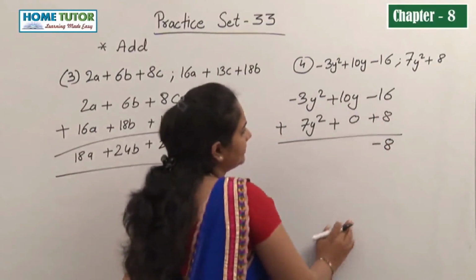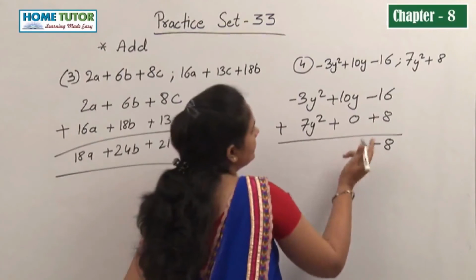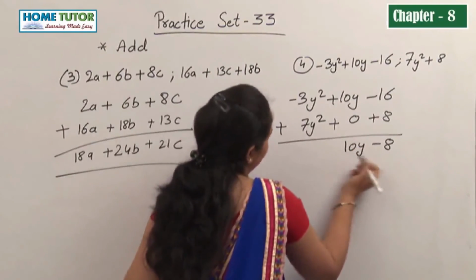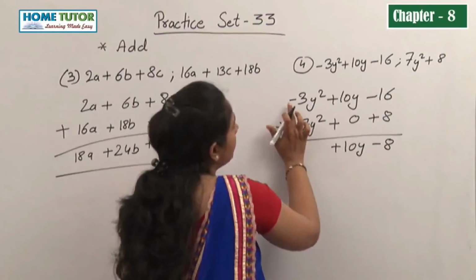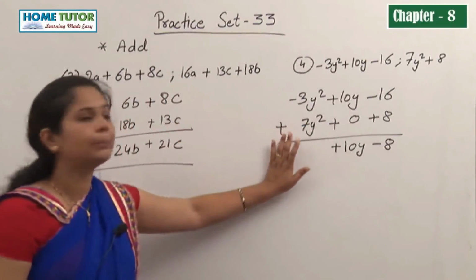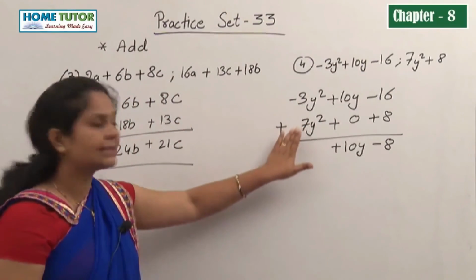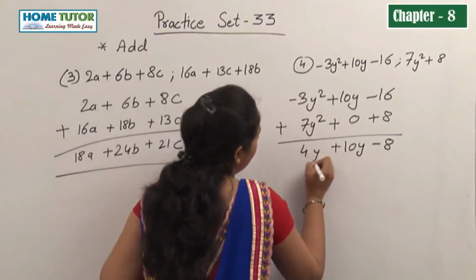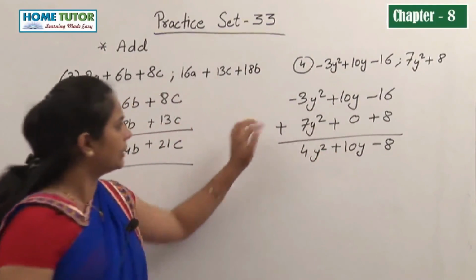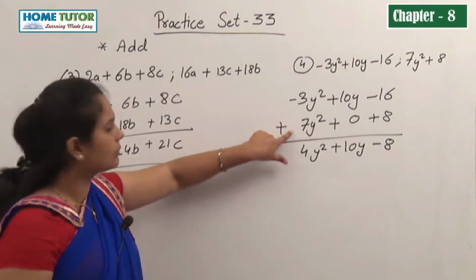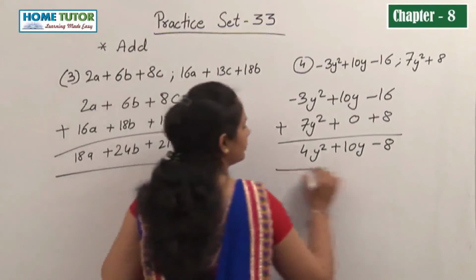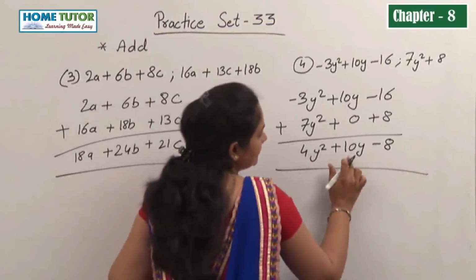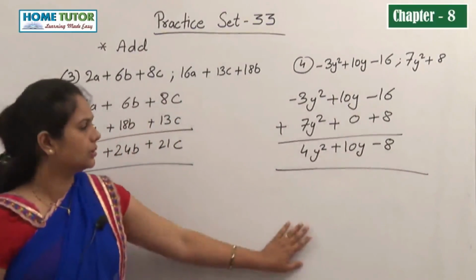So it is minus 8. 10y plus 0, we'll write 10y only. Now minus 3y square plus 7y square. So minus plus is minus, so we'll write 4y square and the sign of the bigger number. The bigger number is 7, so we'll write plus. So the answer is 4y square plus 10y minus 8. So this is our answer.